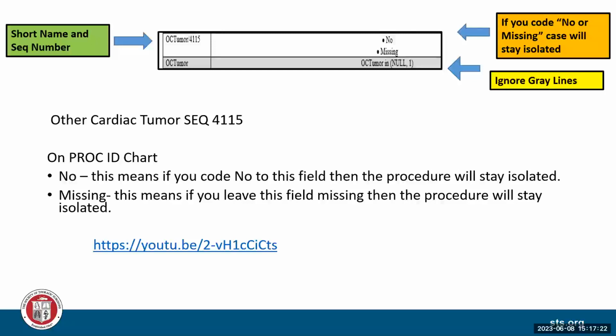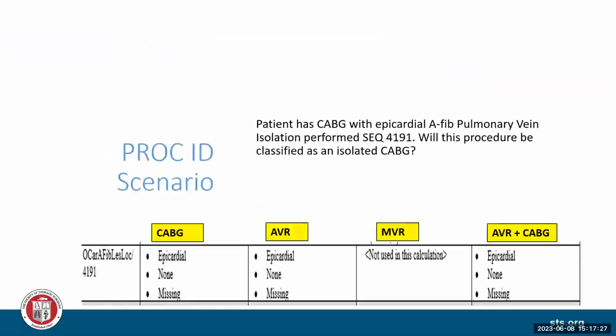We will do a little test on the next one, kind of a review. So, patient has a CABG with an epicardial AFib pulmonary vein isolation, performed in sequence 4191. Will this procedure be classified as an isolated CAB?